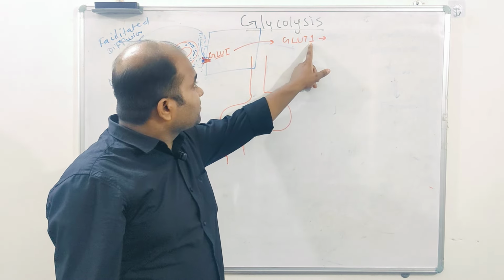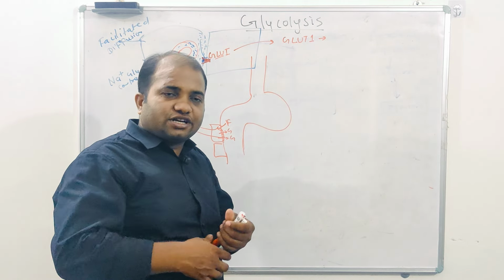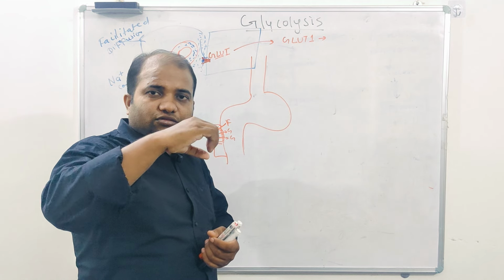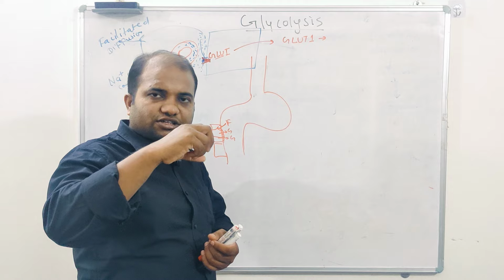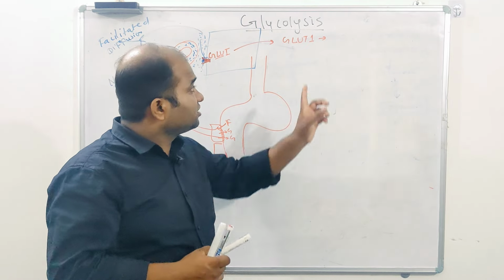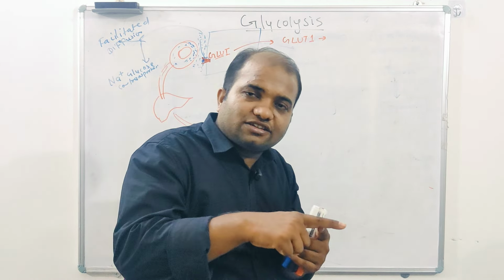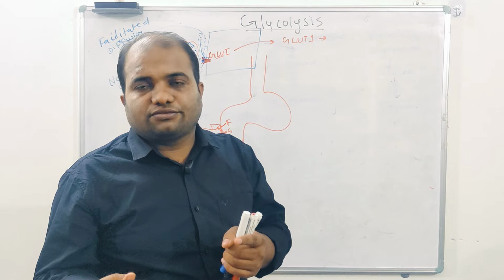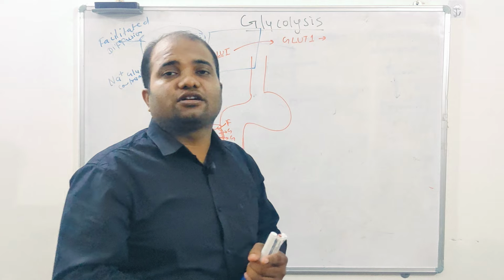This type of transporter is present in nervous cells. GLUT1 is a one-way transporter. That means glucose can enter inside the cells, but it cannot come out.